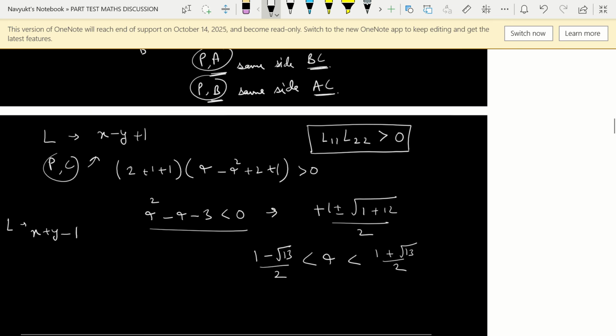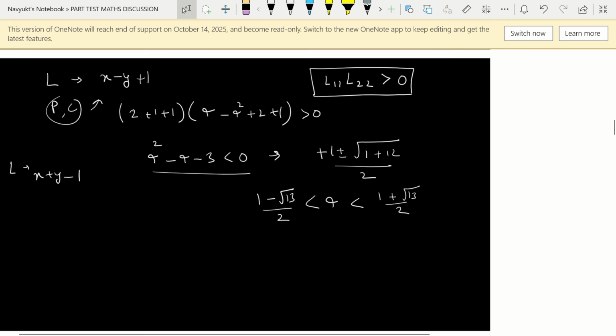Point B is (-2, -1). When we put it here, we get minus 2 minus 1 minus 1, correct? And putting our point P gives us alpha plus alpha square minus 2 minus 1 should be greater than 0. Again, when we solve this, we'll get a quadratic which goes something like this.